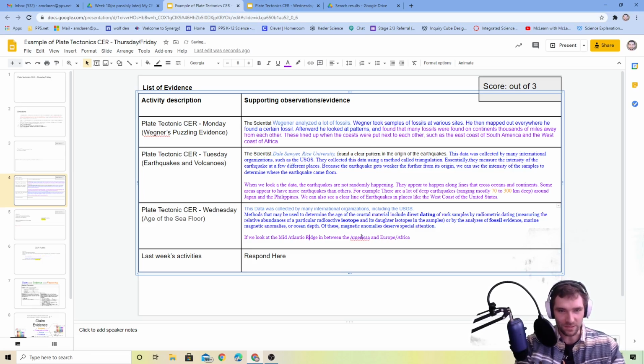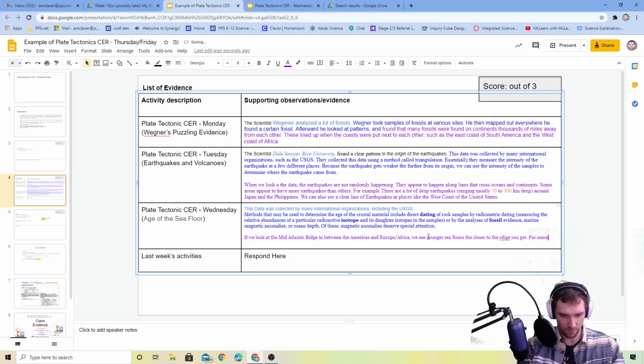Come on, McLaren, you can spell better than this. I think I'm just being trolled by my keyboard. Okay, if we look at the Mid-Atlantic Ridge between the Americas and Africa, we see younger sea floors the closer to the ridge you get.